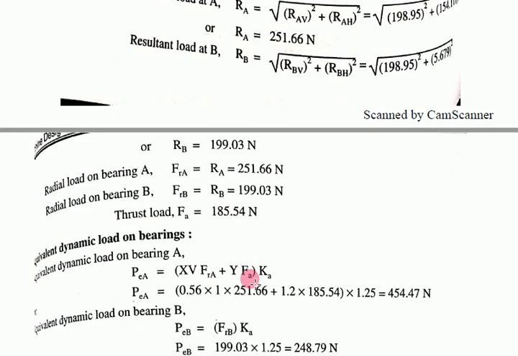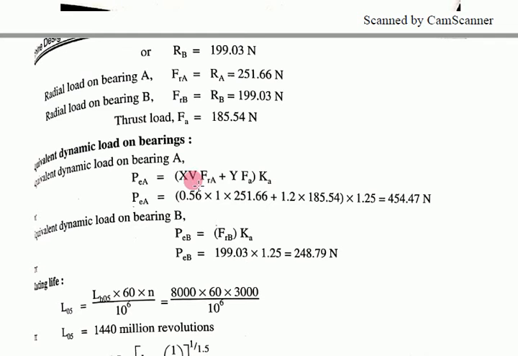Then this equation that we have seen in the design of bearing procedure, so equivalent dynamic load at A. So we have to find now equivalent dynamic load at A and equivalent dynamic load at B. So this equation we have seen: X V FRA plus Y FA, bracket over KA.